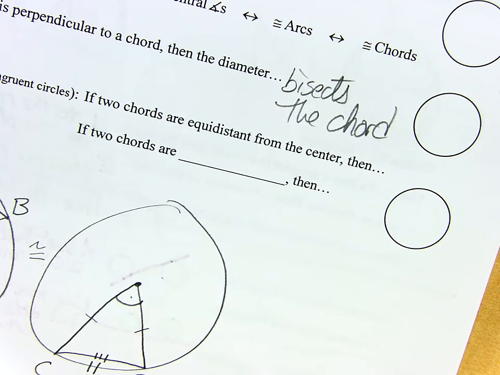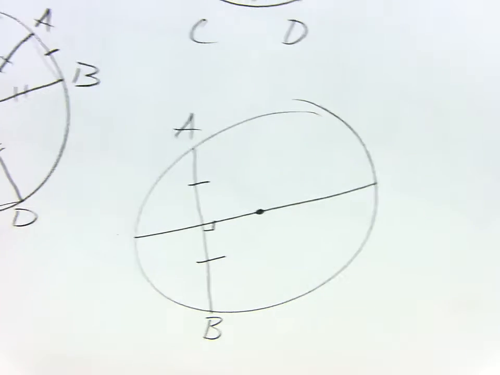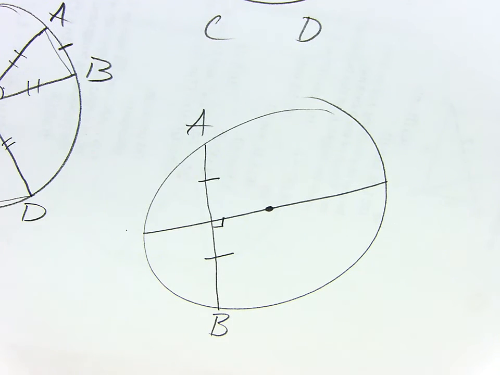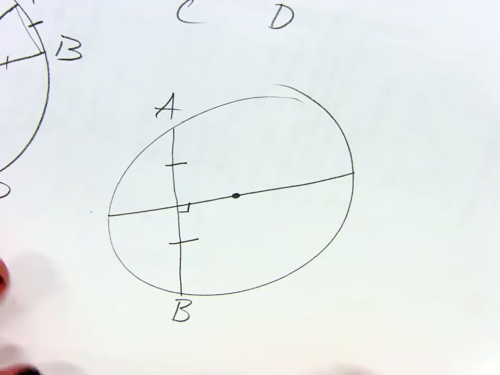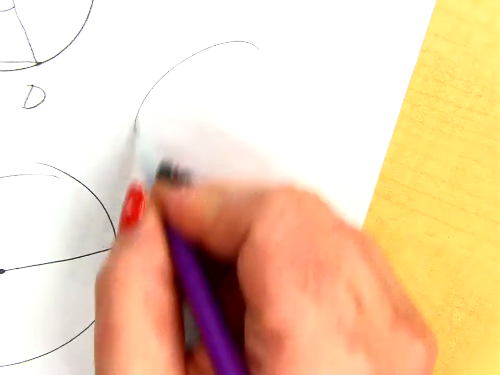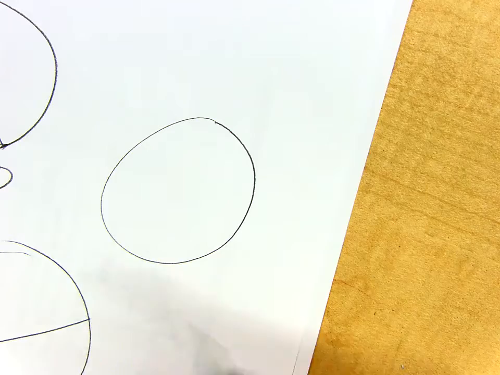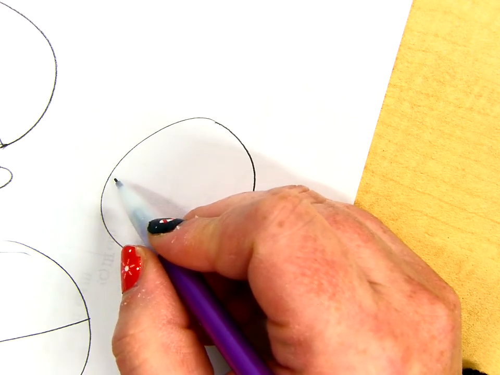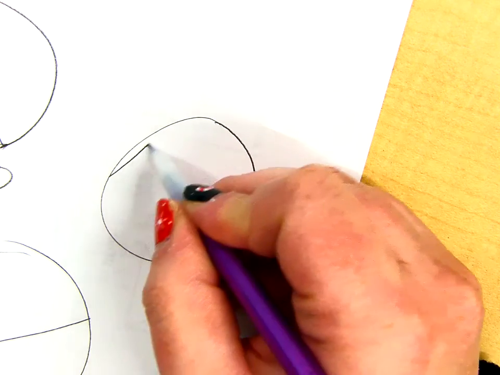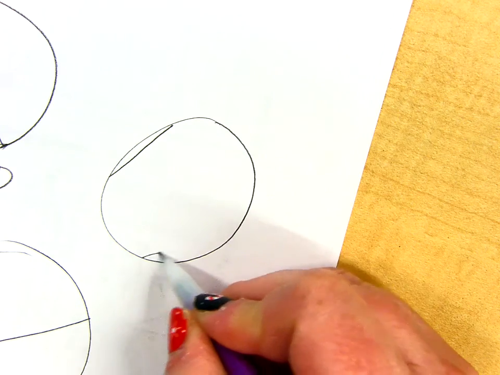What did that picture look like? And then the very last thing says, in a circle or congruent circles, if two chords are equidistant from the center. So imagine this. I have a circle. I have two chords that are both equidistant from the center.